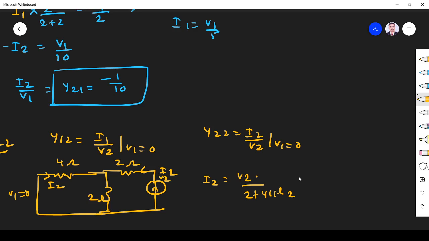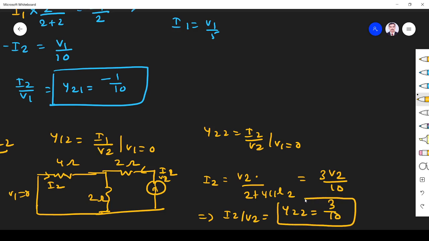If you simplify, we get I2 equal to 3V2 by 10. This implies I2 by V2, which is nothing but Y22, is 3 by 10. So we got Y22 equal to 3 by 10.